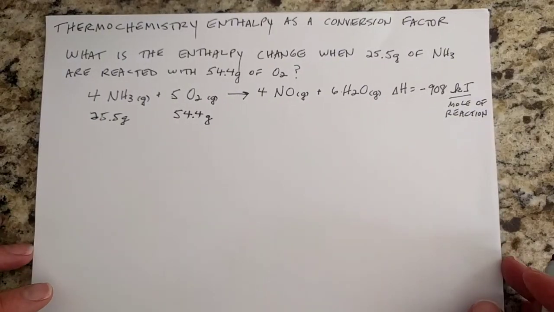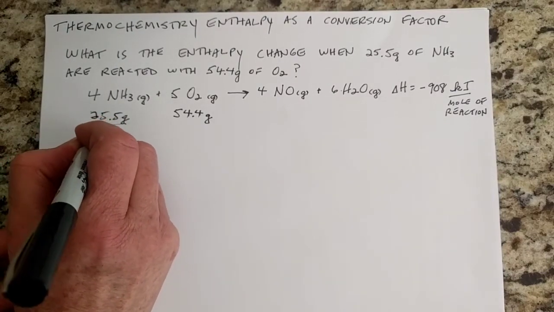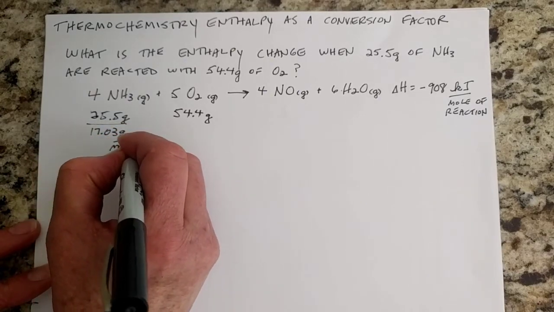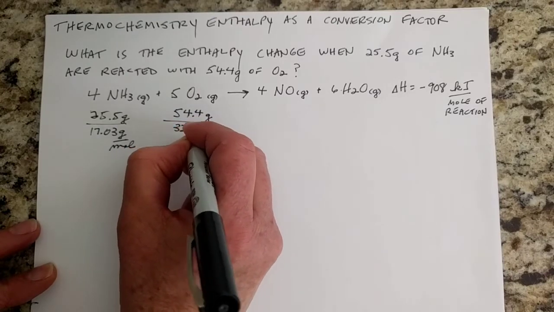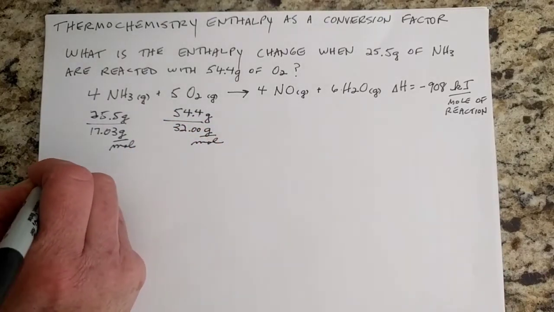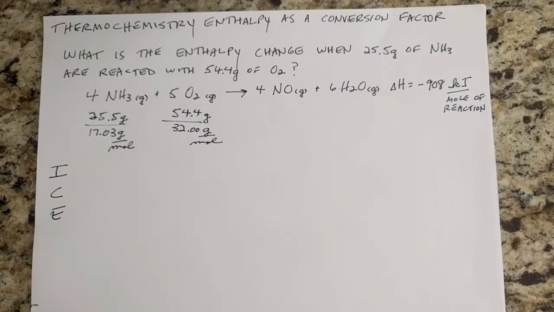So we need to change our grams to moles. So for ammonia, our molar mass, 17.03 grams per mole. And then for oxygen, our molar mass, 32.00 grams per mole. And then we can do our ICE table.